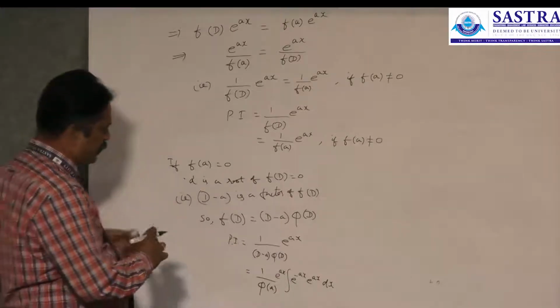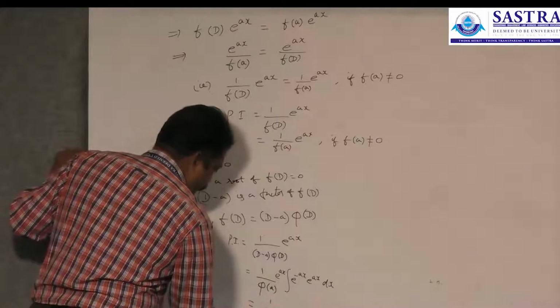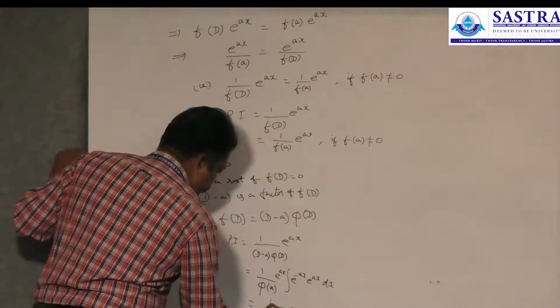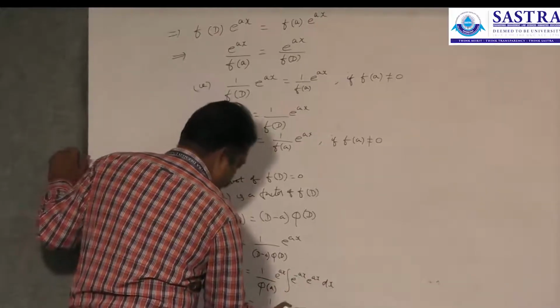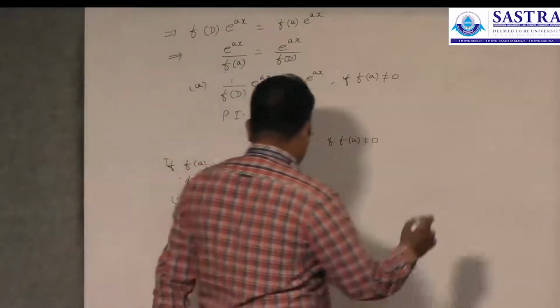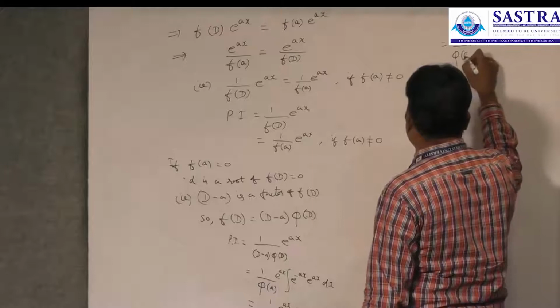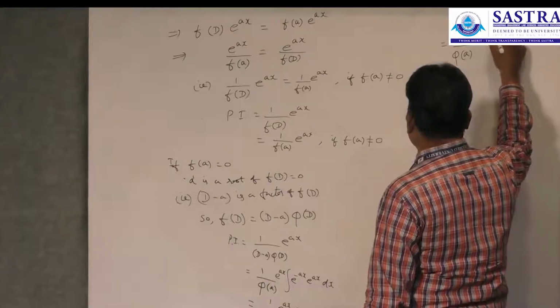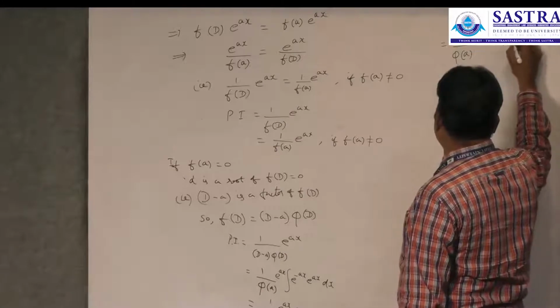It is a formula which is equal to 1 by phi of a e power ax integral e power minus ax, e power ax gets cancelled, we get integral dx, which is equal to 1 by phi of a e power ax, integral dx is x.